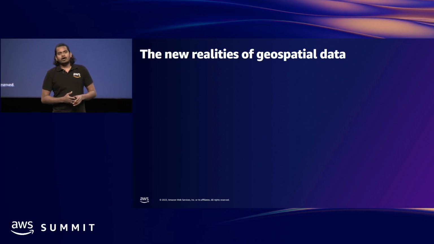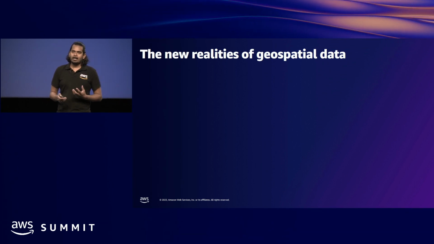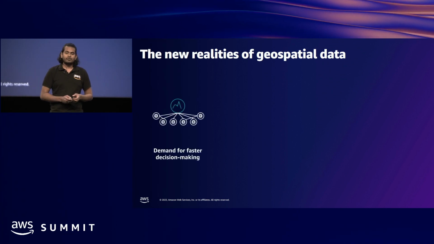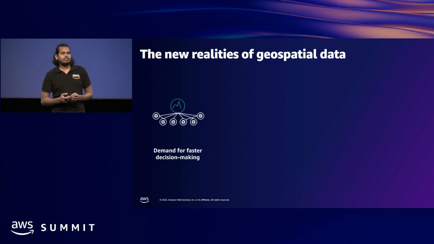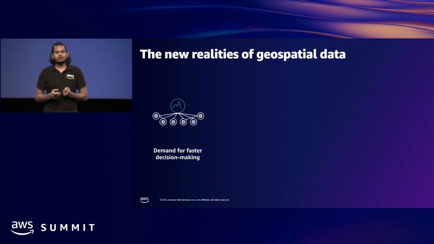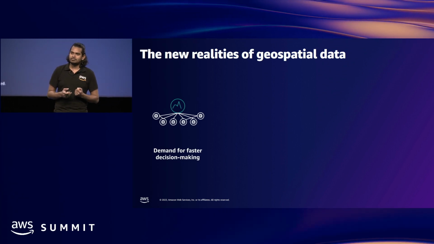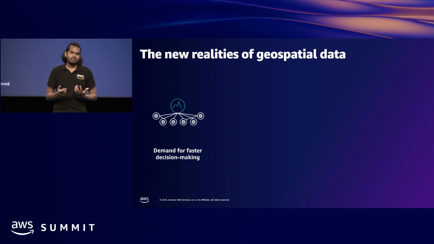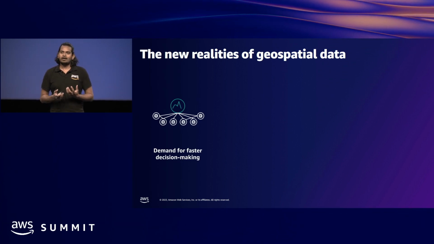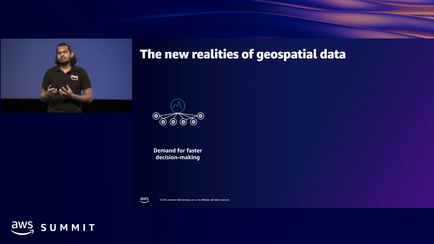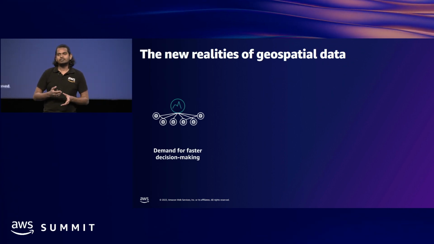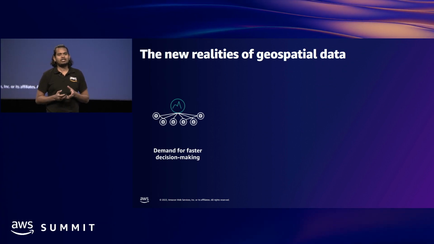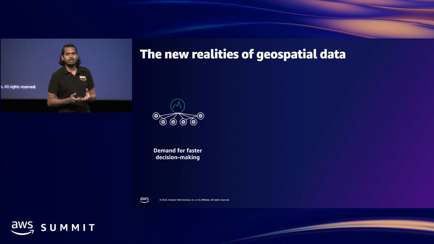So the requirements around geospatial data and analytics can be characterized into three main trends. Let's start with the business first. We are seeing businesses transforming and evolving at a faster clip than ever before. At the core of this transformation is data. Business leaders are leveraging data to take key decisions about which direction their businesses need to go. And customers have realized the value of geospatial analytics in this data strategy.